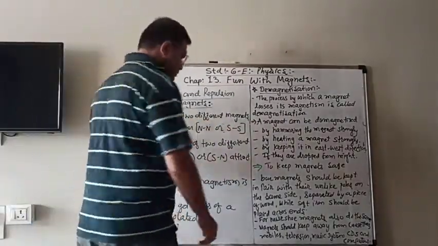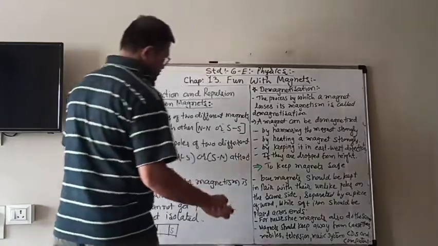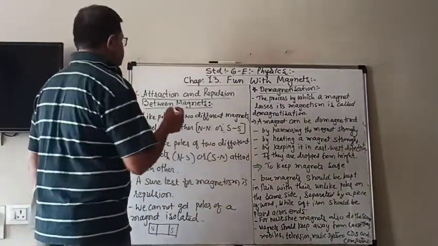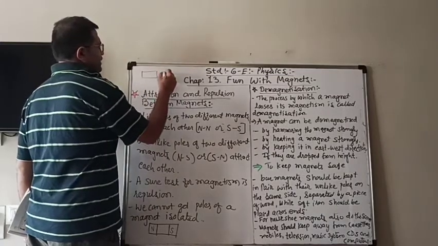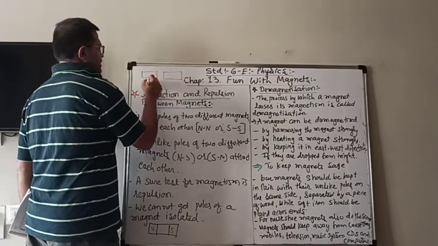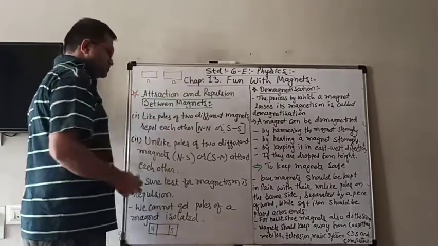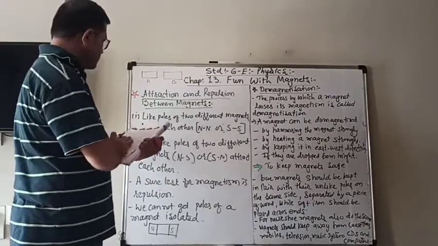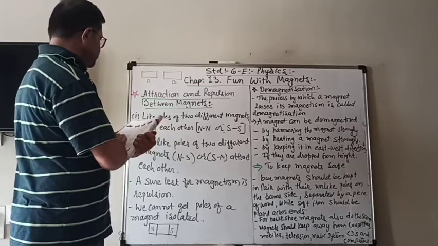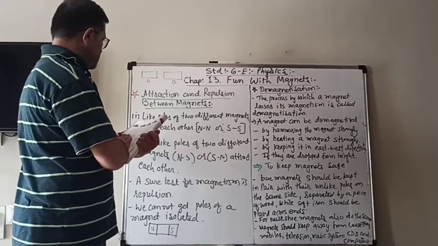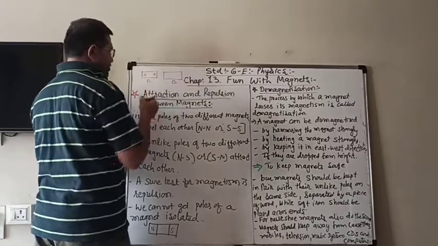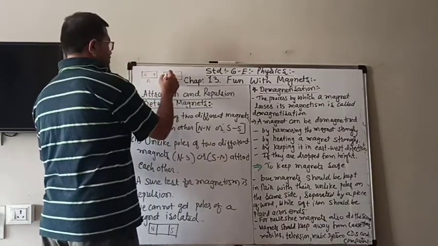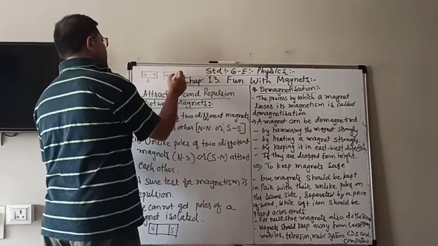Now what we have to do is first bring the toy cars close to each other such that, suppose this is the magnet of car A and this is for car B. This is the north pole, this is the south pole. Here also the north pole and south pole.